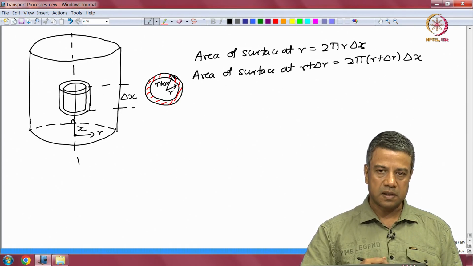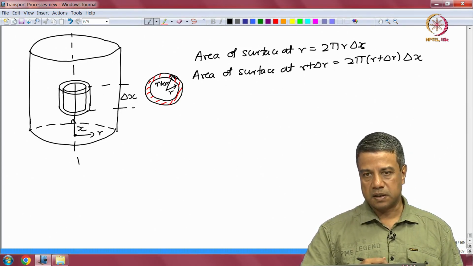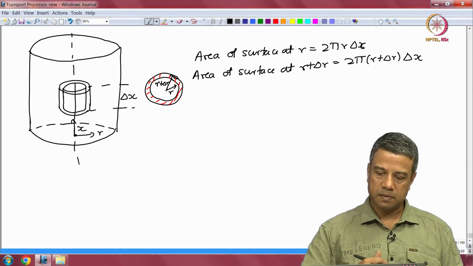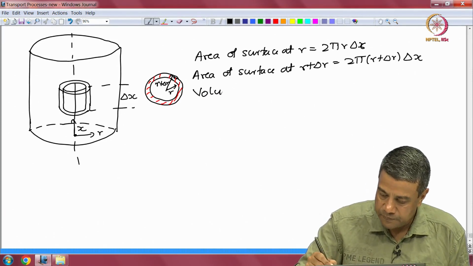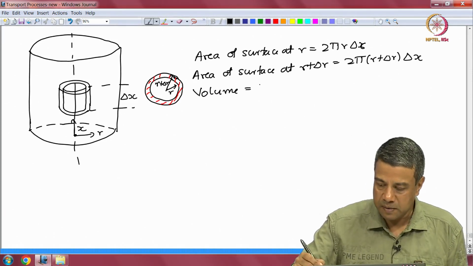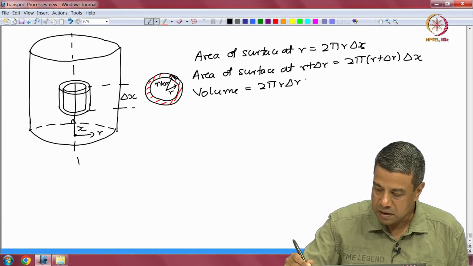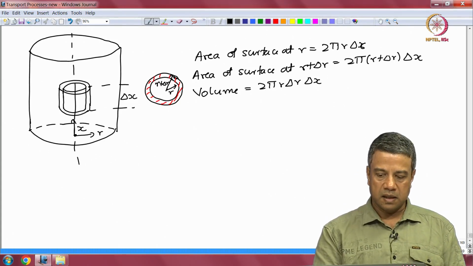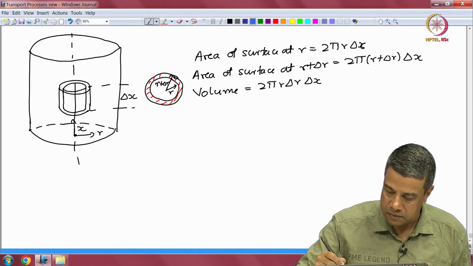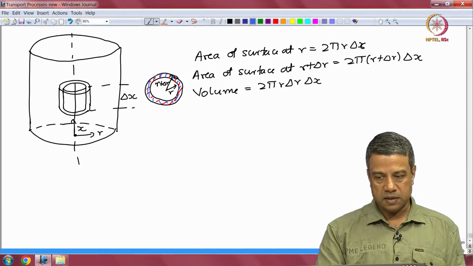The surface at r has a smaller area, 2 pi r delta x, and at r plus delta r has a larger area, 2 pi into r plus delta r times delta x, and the volume is equal to the perimeter 2 pi r into the thickness delta r into delta x. Delta x is the height, and this area that I just shaded for you has to be equal to 2 pi r, which is the perimeter, times delta r, which is the thickness.